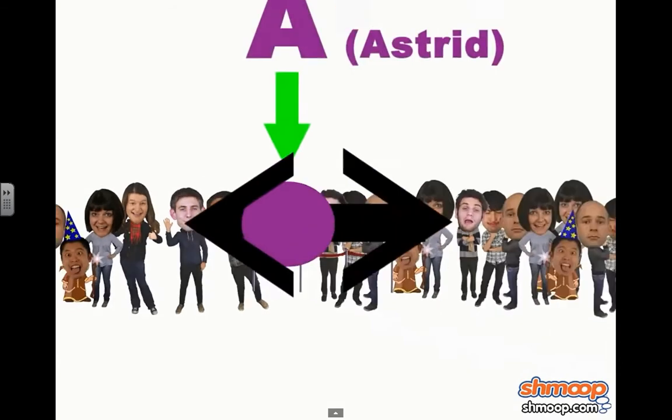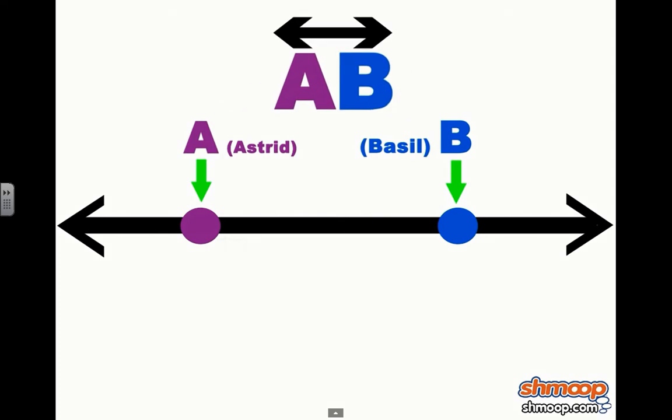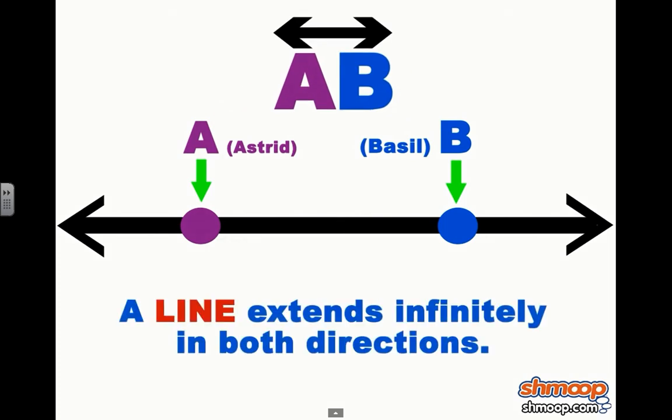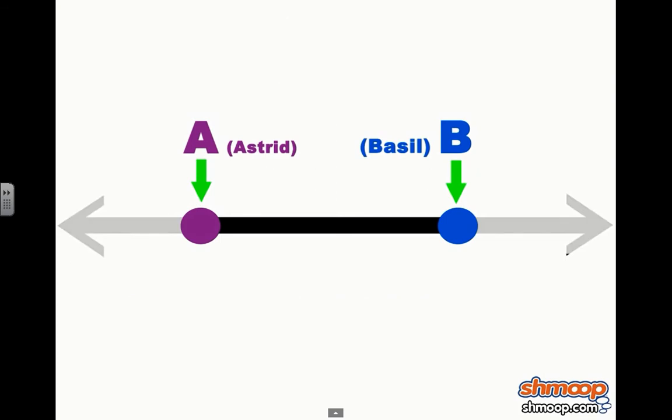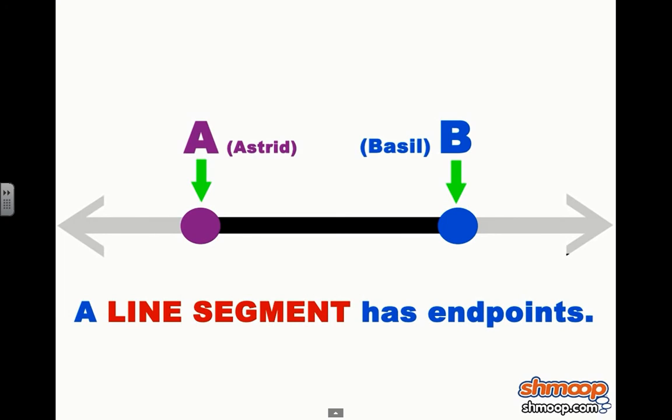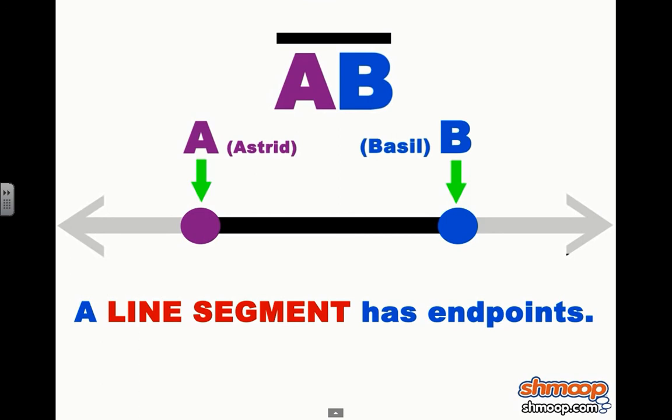If the back of the line kept growing indefinitely and the front of the line was also growing indefinitely as more and more people cut, we would call this line AB. That's right, a true line in mathematical terms extends infinitely in both directions. So in reality, Astrid and Basil are currently waiting in a line segment, specifically a line segment with endpoints A, B. So it would be technically inaccurate to say they're waiting in line.